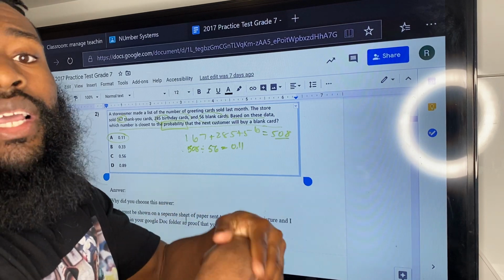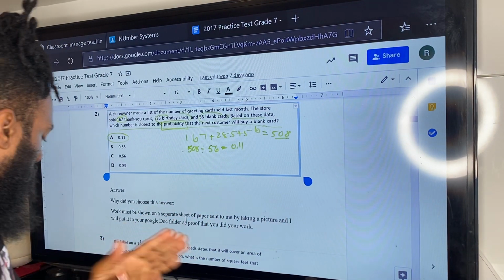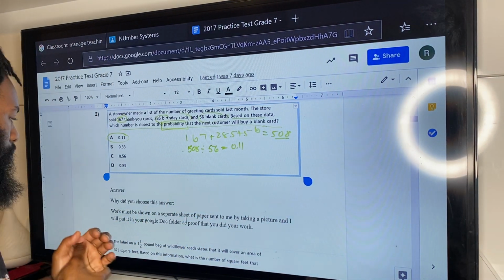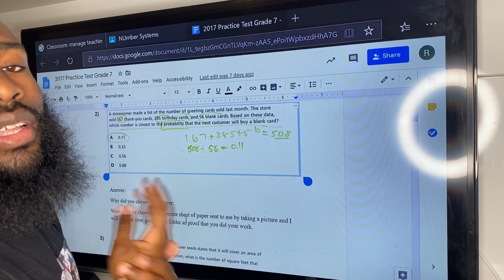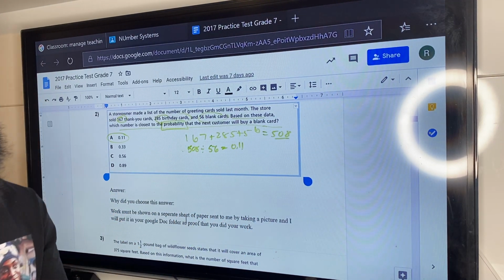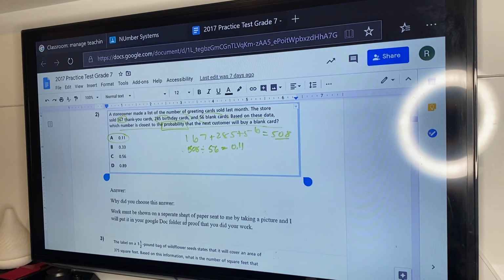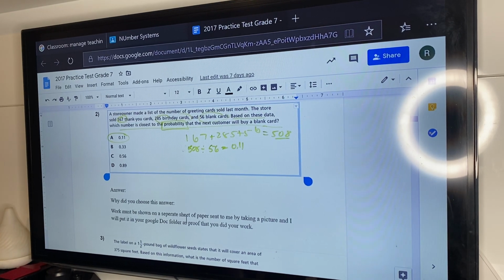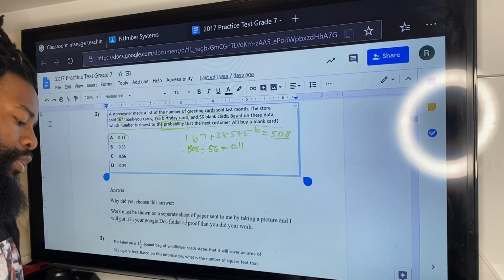Hand sanitizer, make sure my hand clean. Okay. So, all right, leave that up for a second. These gloves on.